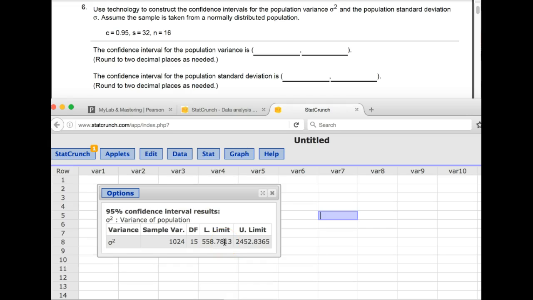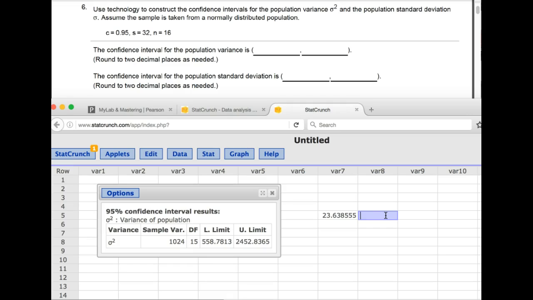If we take the square root of 558.7813, we get 23.6385537. That's what a calculator gives me there.